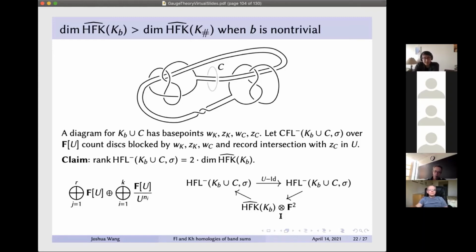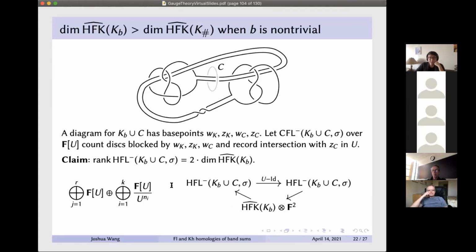Now in the Heegaard Floer context, this exact triangle comes in a fairly straightforward way from just writing down a short exact sequence of chain complexes. The injective map of that short exact sequence is U minus the identity. And you just take the long exact sequence and you get this triangle. But in the instanton setting, this triangle is a little harder to access.